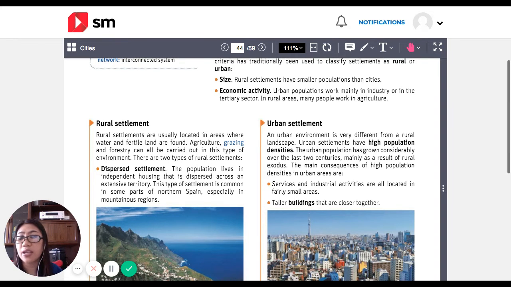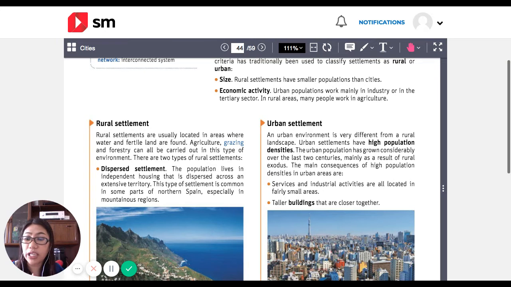Yeah. So for rural settlements, there are two types. We have dispersed settlements and we have concentrated settlements. When we say dispersed settlements, it means independent housing that is dispersed across an extensive territory.